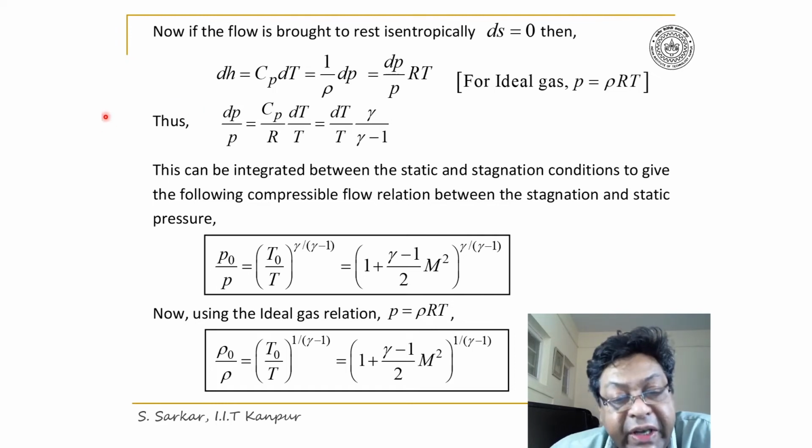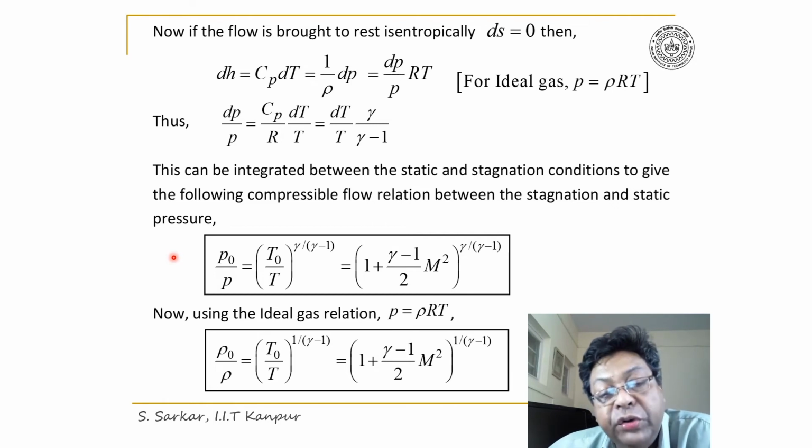After integration, we get the following relation: P0 by P is equal to T0 by T to the power gamma by gamma minus 1.